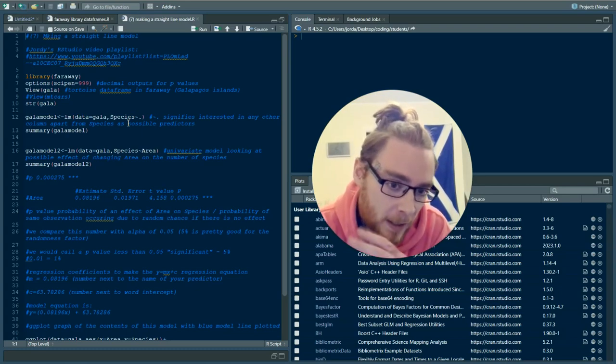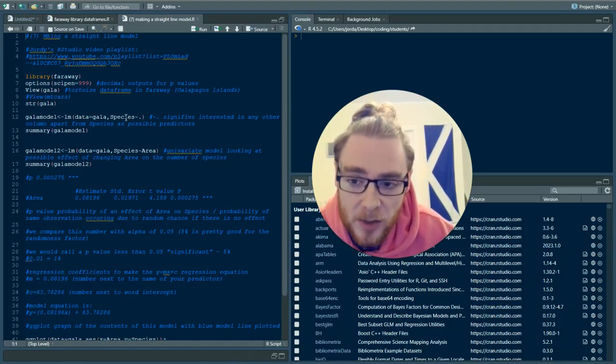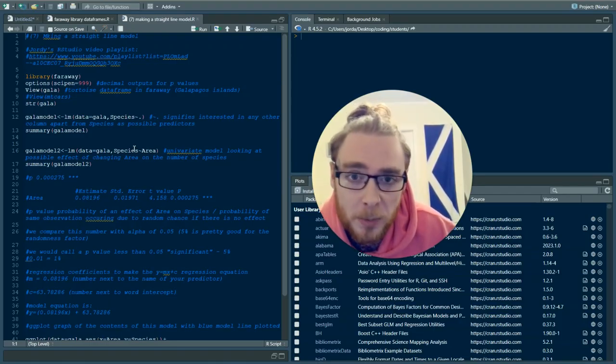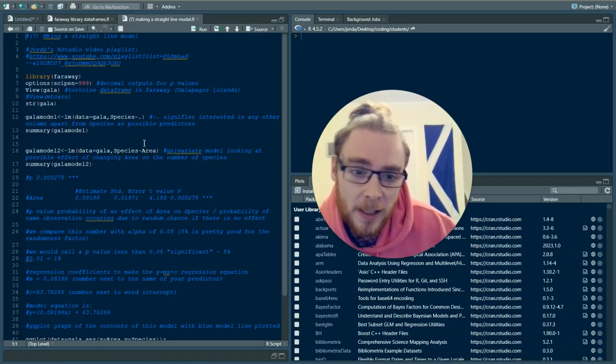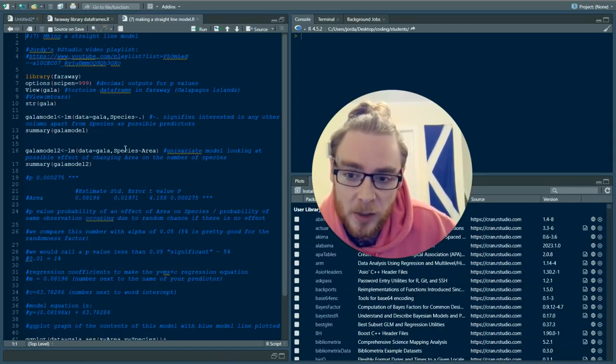That's looking at how those predictor columns affect the number of species. And then we made another model which was not interested in all possible predictors, but only one, which is area. So seeing how the area of an island in the Galapagos Islands affects the number of species on the island.